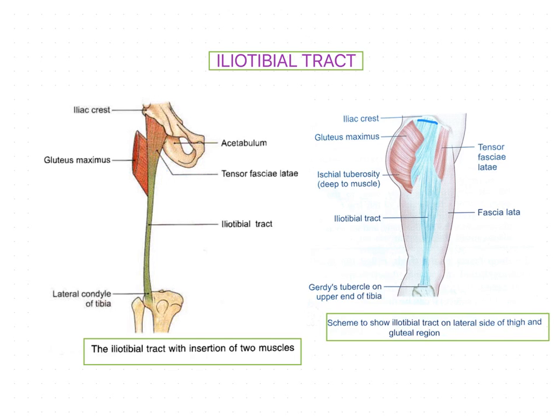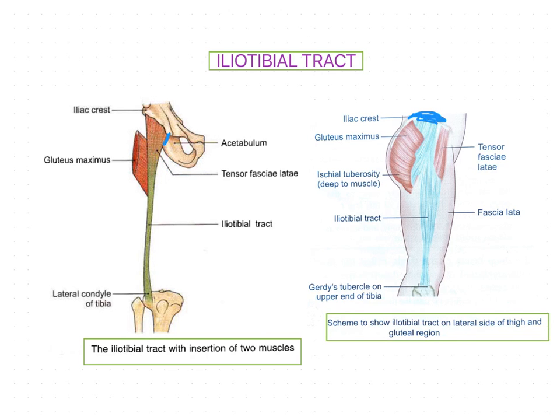The superficial lamina is attached to the tubercle of the iliac crest, and the deep lamina is attached to the capsule of the hip joint.